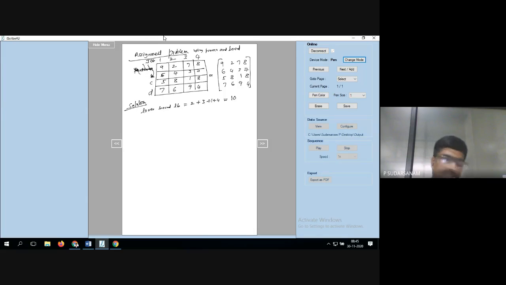Now write it. Start: lower bound is equal to 2 plus 3 plus 1 plus 4, that is equal to 10.